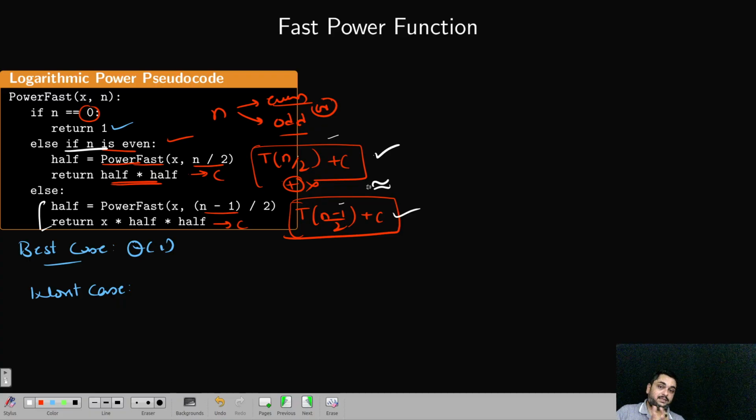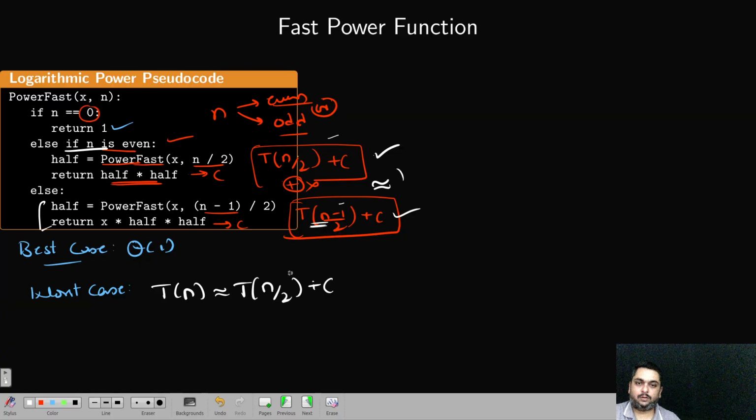So we cannot guess or say a theta bound exists. Only after solving, if the lower bound and upper bound exist and they are the same, then only I can say theta exists. But here, since both the functions are alike, I can just write T of n is approximately T of n by 2 plus c. I will not add them, I am just approximating this. So they are almost the same.